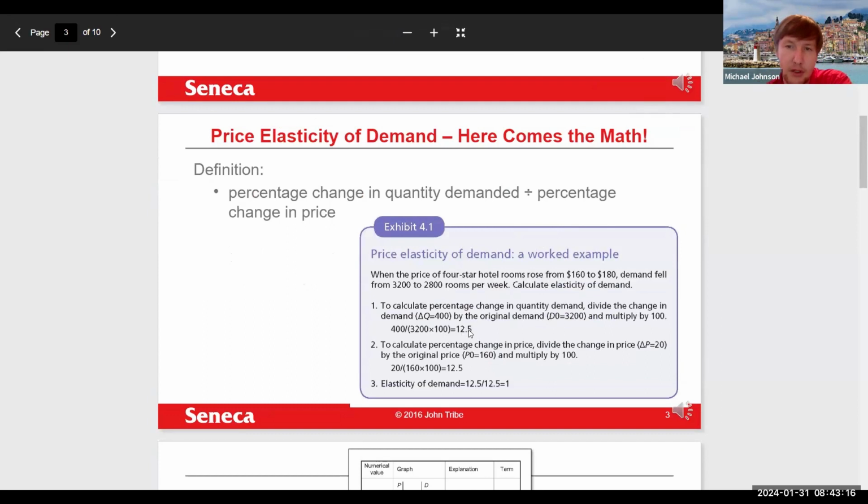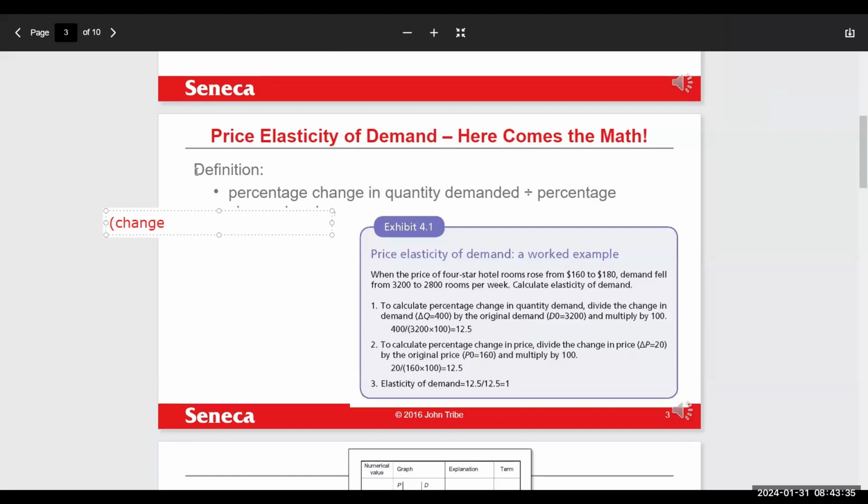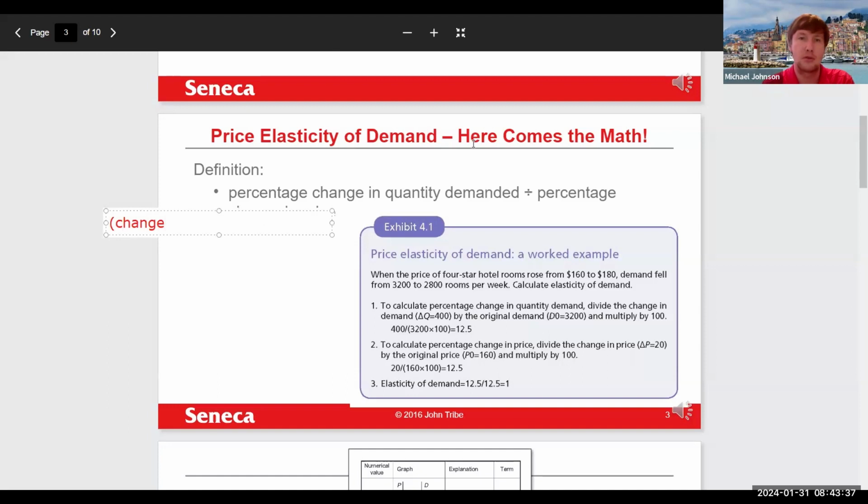So in this case, you can do the midpoint method or the percentage method. I recommend the midpoint method. The midpoint method is you take the change in rooms divided by the midpoint of rooms, and then divide that by the change in price divided by the midpoint of price.